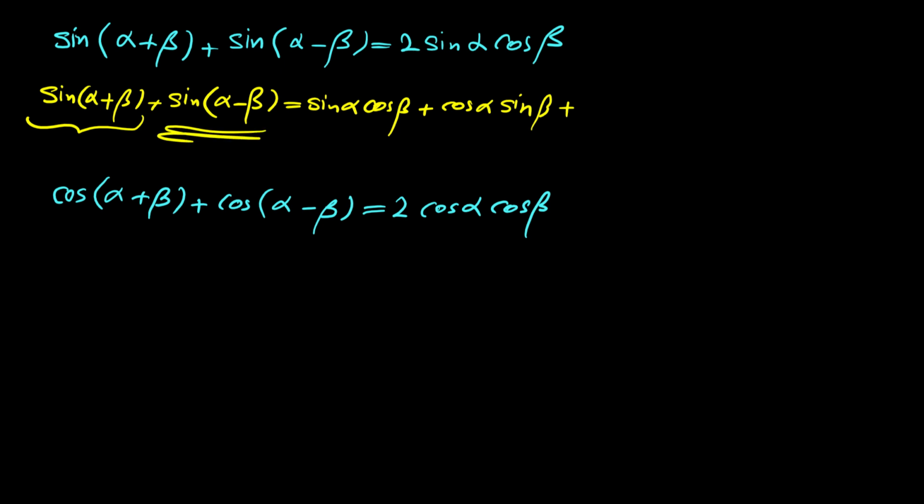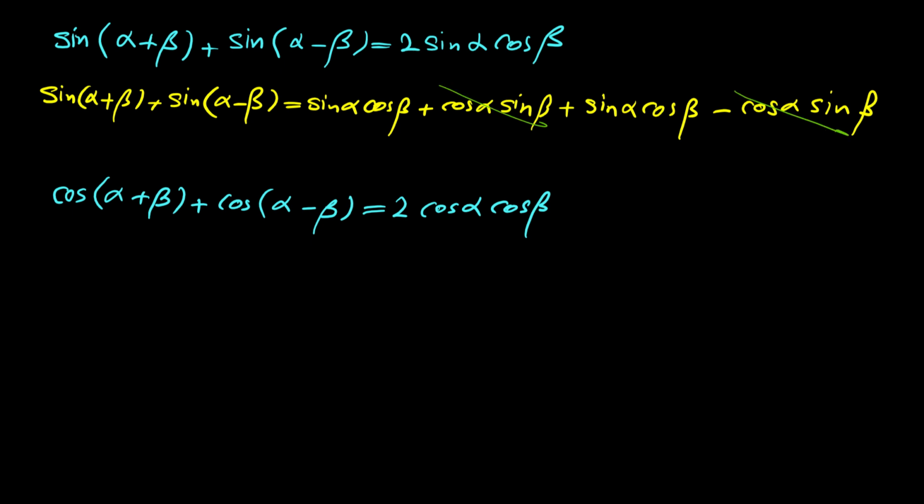For the next one, we can write sine alpha cosine beta minus cosine alpha sine beta. Now if you pay attention, this term with this term cancel. What remains? Sine alpha cosine beta, sine alpha cosine beta. So it's 2 of that. So this equals 2 sine alpha cosine beta, which is the other side. And this completes the proof of this relation.